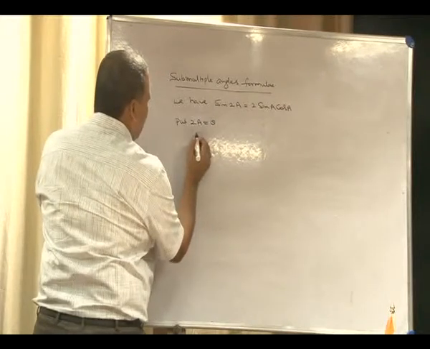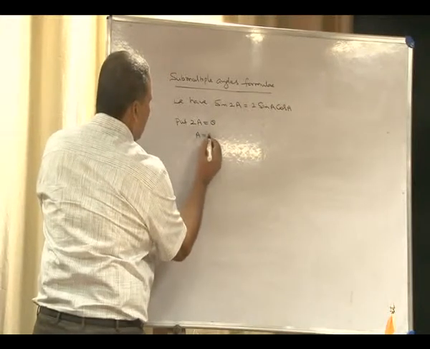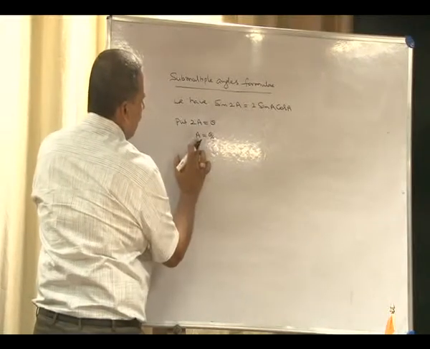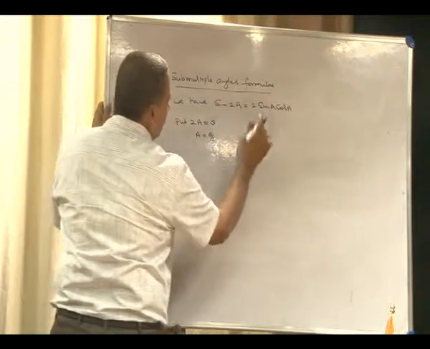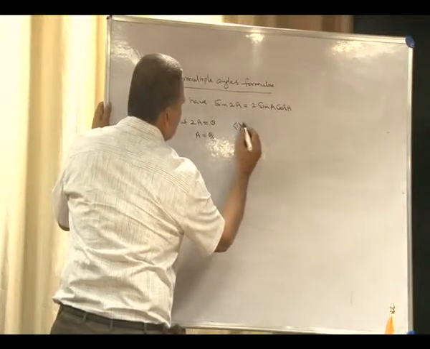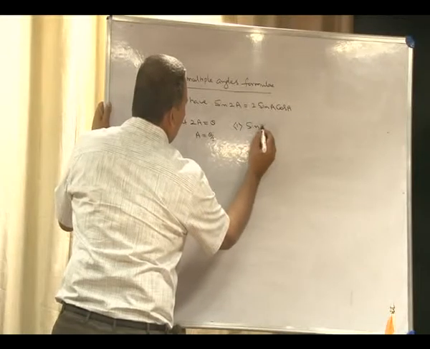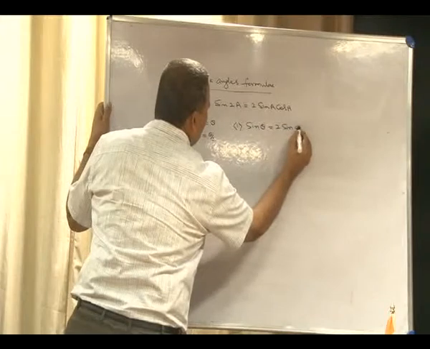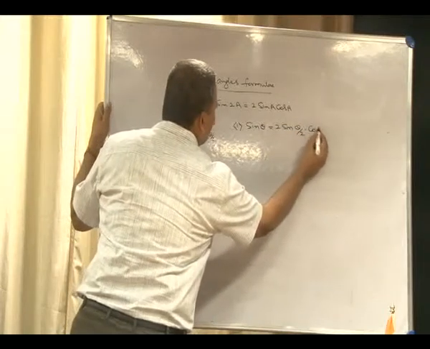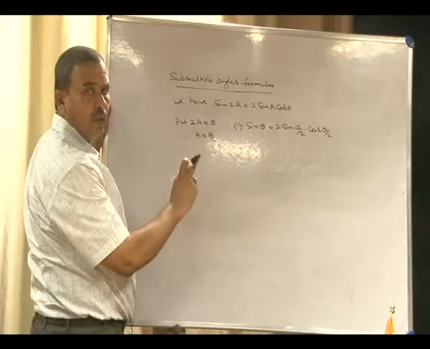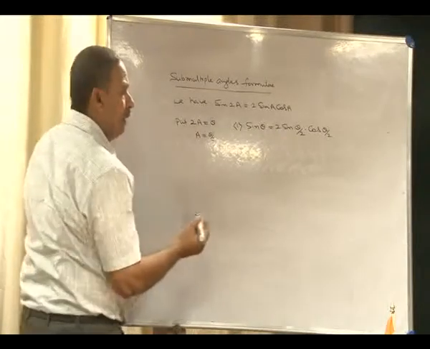When 2A equals theta, A equals theta by 2. That is, in place of 2A substitute theta, and in place of A substitute theta by 2, then we get a submultiple angle formula: sin theta is equal to 2 sin theta by 2 cos theta by 2.